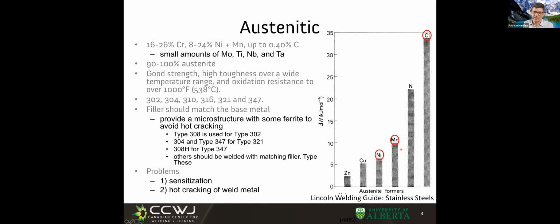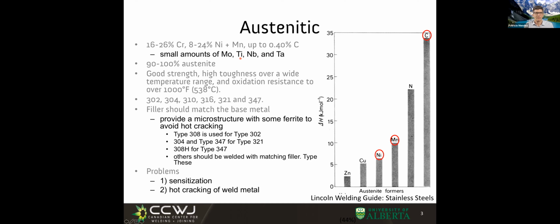And here we have the austenite stabilizers. Manganese, definitely nickel, right? And in some cases carbon, although carbon is tricky, because carbon wants to come together with the chromium or the other carbide formers. And once the chromium reacts with the carbon, it is no longer helping your corrosion resistance.